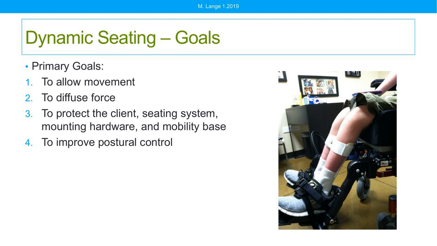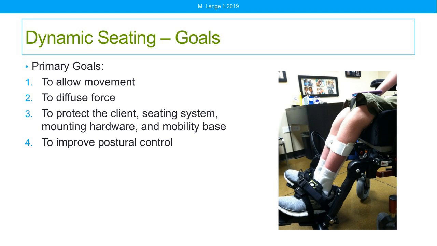This movement has various goals. Here are our primary goals. It allows movement of the client. You know, we all like to move, and some of our clients really seek out movement. Movement has a lot of benefits in and of itself. That movement diffuses force.